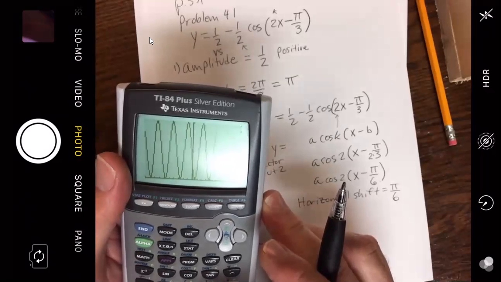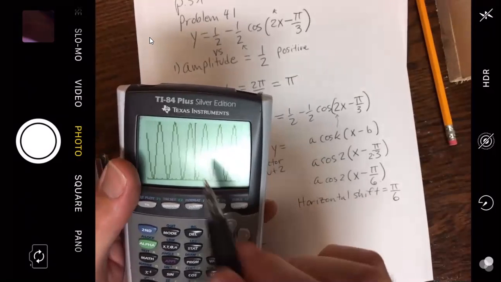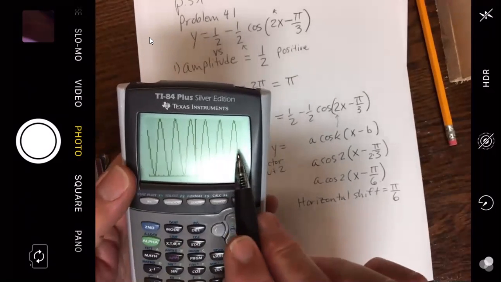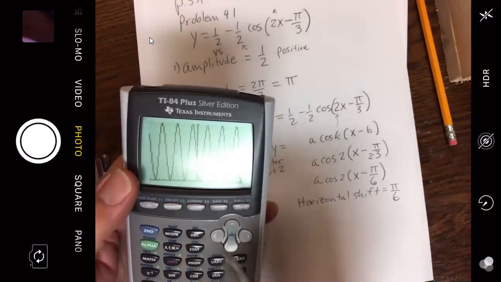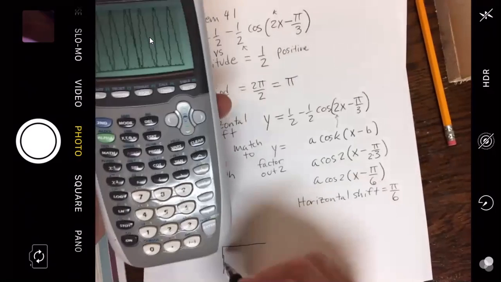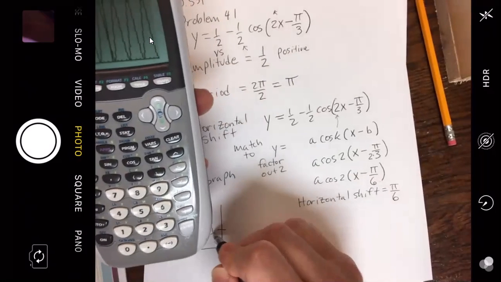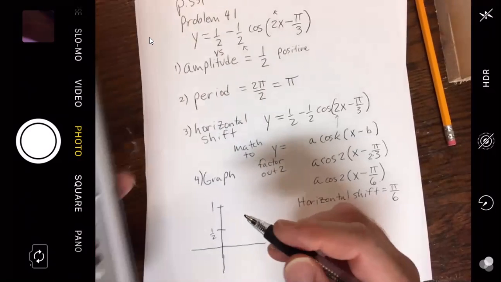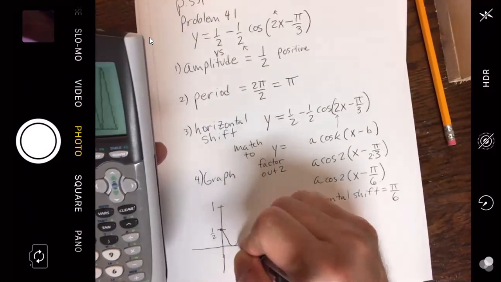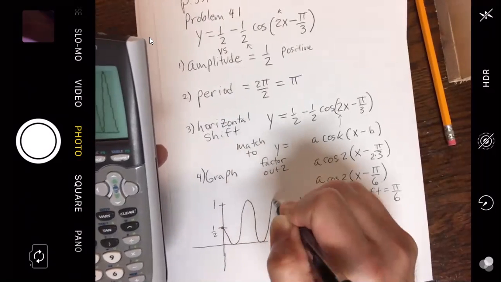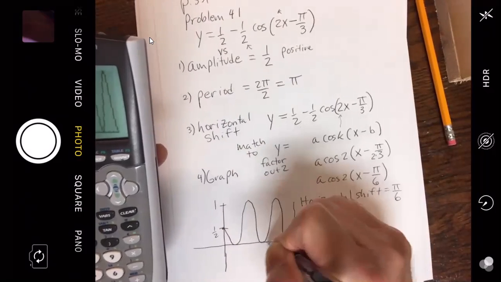Basically 1/2 right through there. It's going down through that center there. So a half, 1. It's going down through that a half. It's hitting the x-axis and curling up and down up to 1. It does not go above 1.